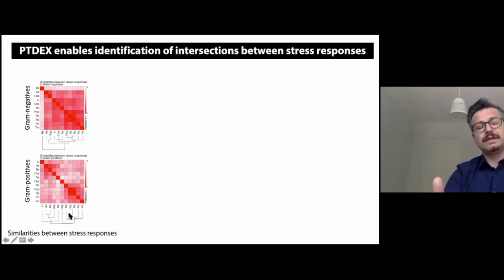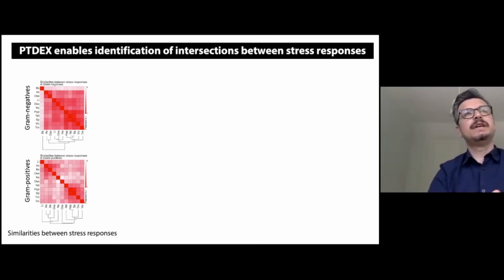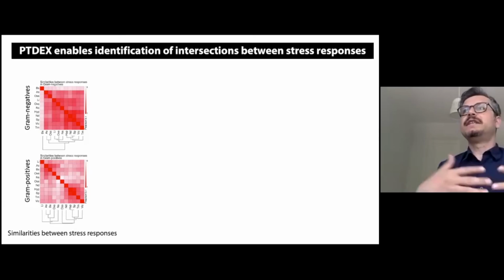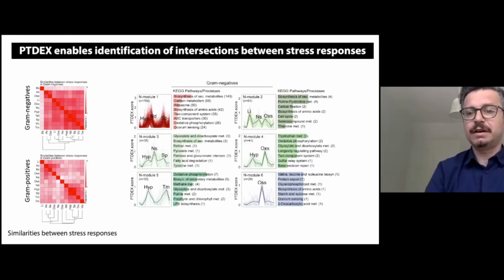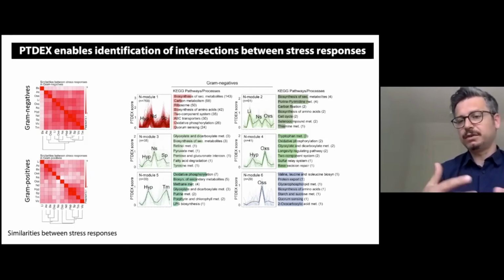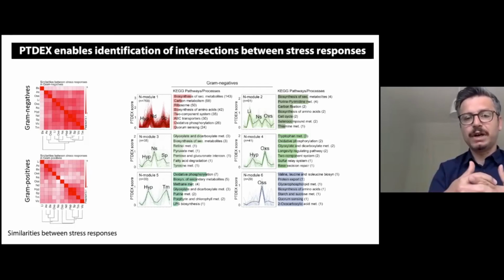So once we have looked at these similarities, then we could go and see what kind of biological pathways or processes are employed in different stress conditions, or if there are some that overlap.